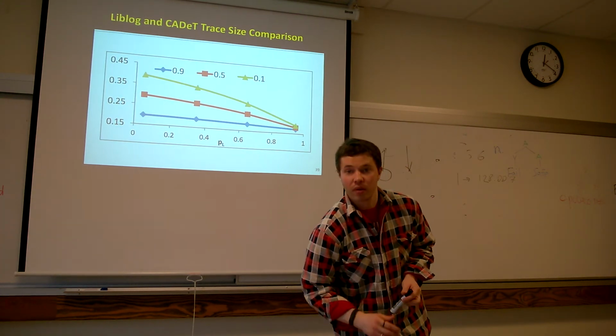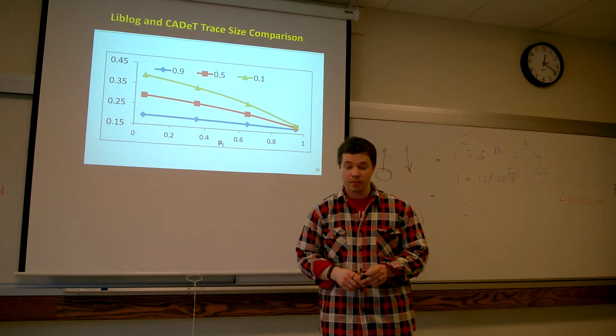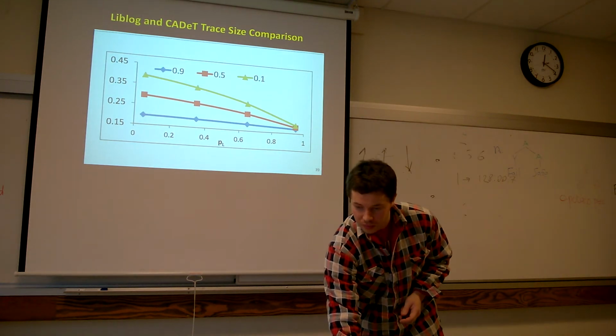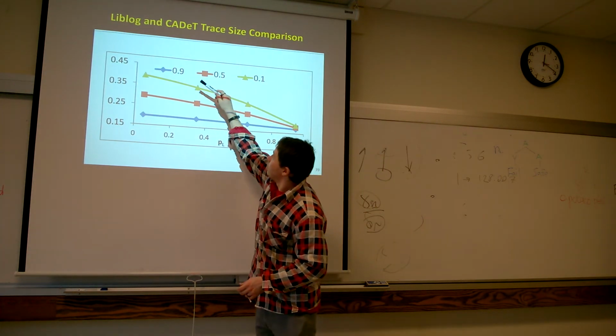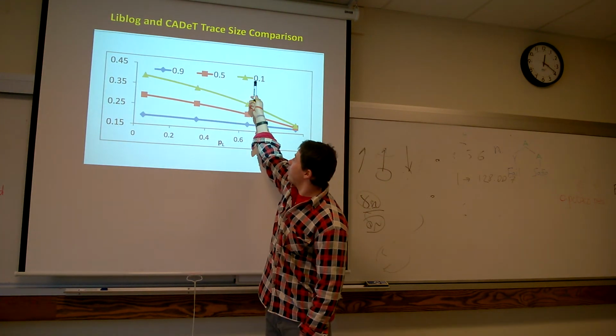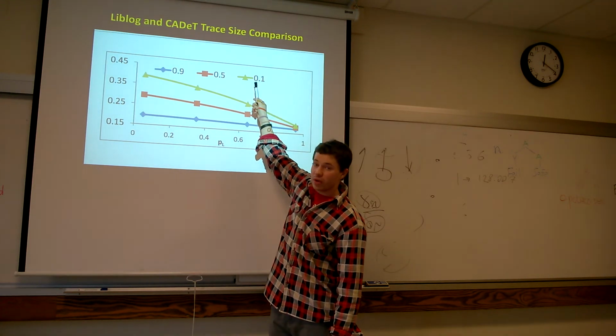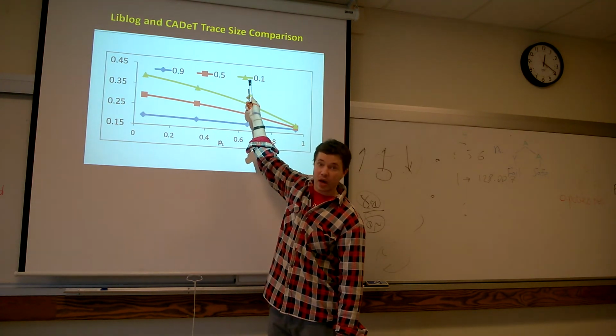PL is a probability. 0.9 is never, 0.5 is how many messages arrive out of order.